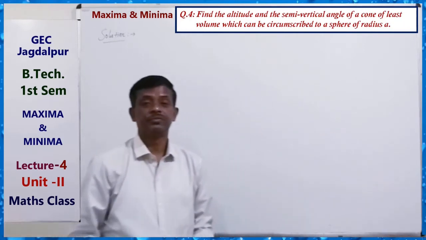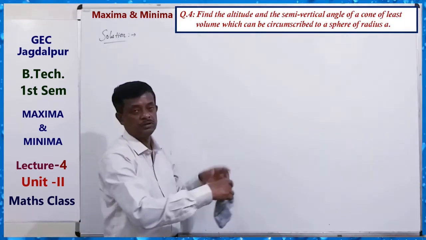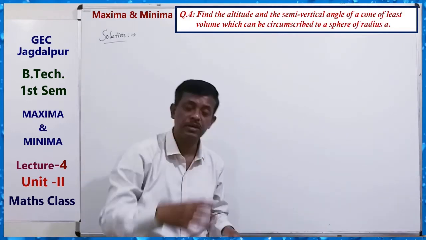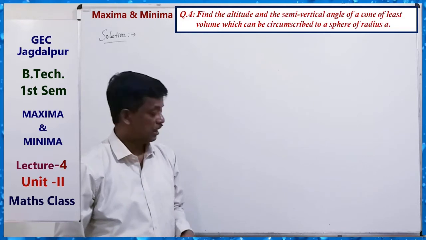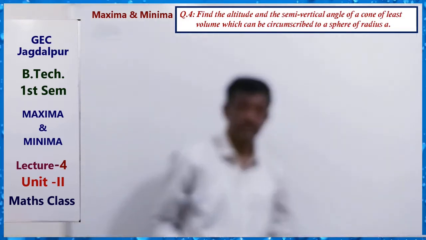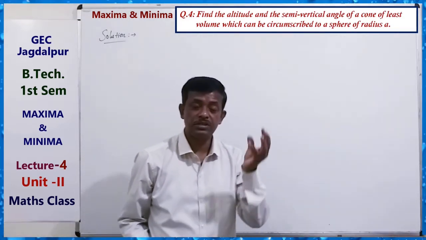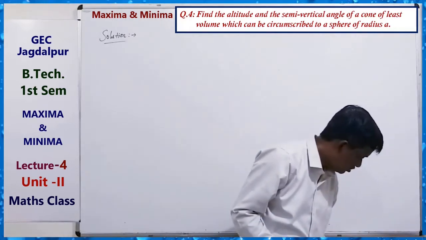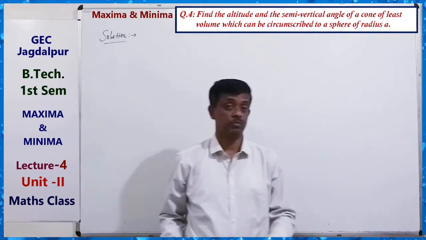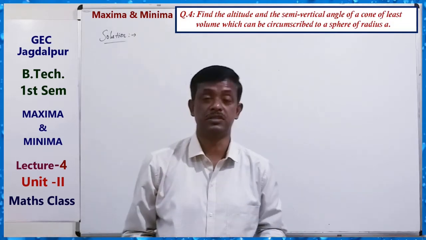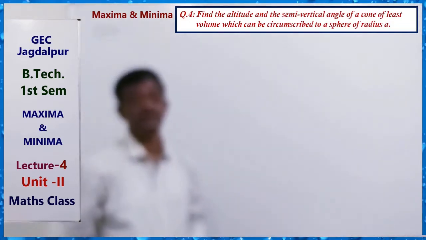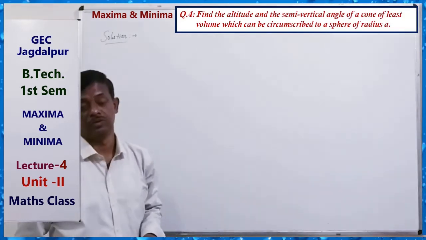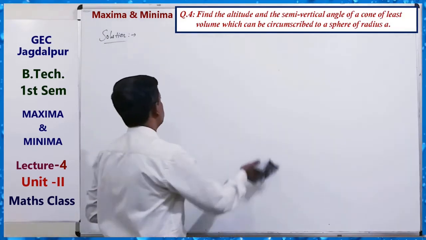We have to draw a cone which circumscribes a sphere of radius a, and in this case, the cone of least volume. The volume of the cone should be least. In that case, we have to find the altitude of the cone and the semi-vertical angle of the cone. Altitude means height of the cone.